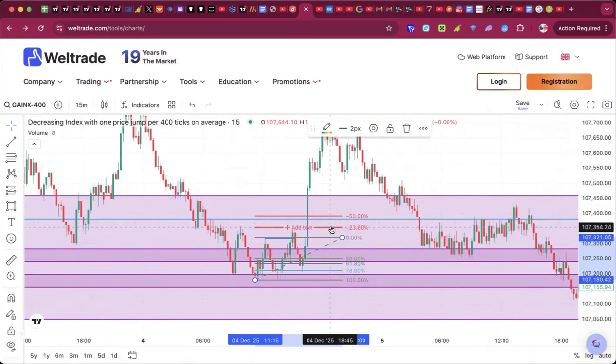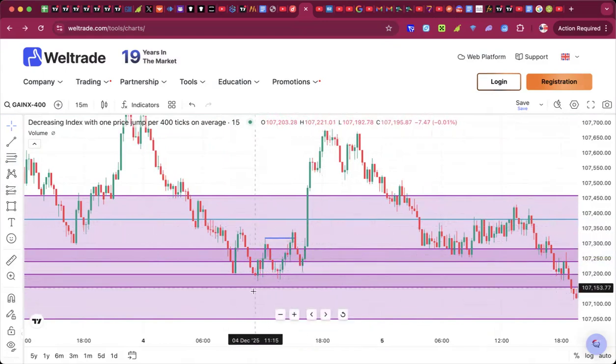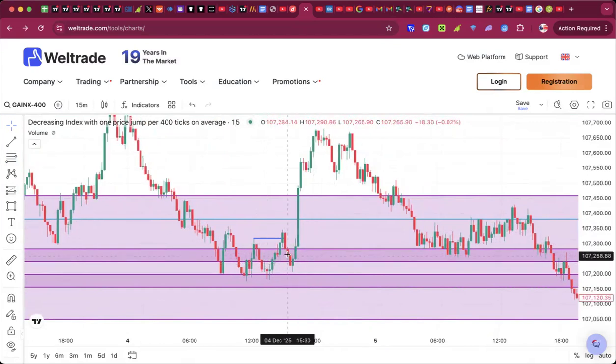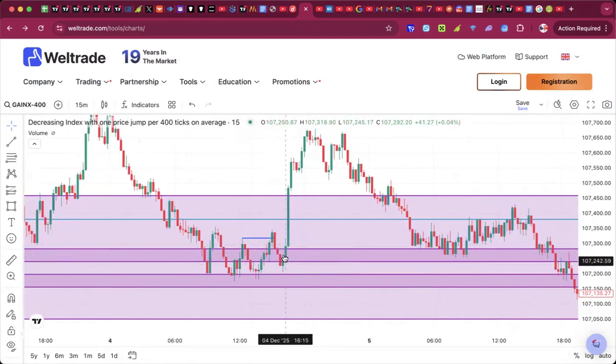But this is the most important thing. We have another block, another one here. So the two alignments, and we have a shift in market structure. So this is part of 1, 2, 3. Some people wait for the 1, 2, 3, for the third candle to engulf perhaps the first candle.